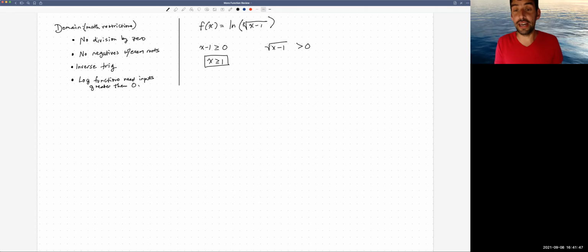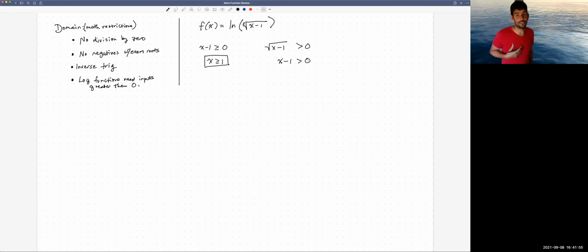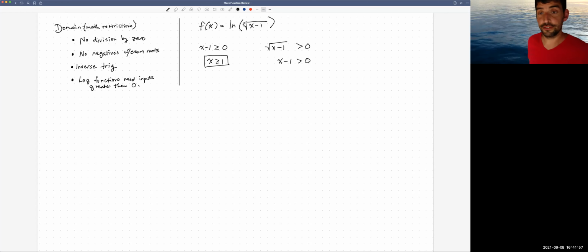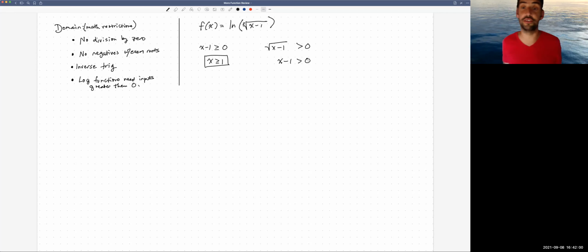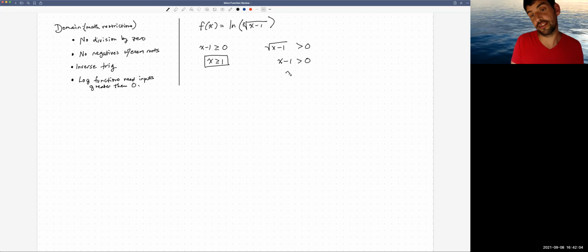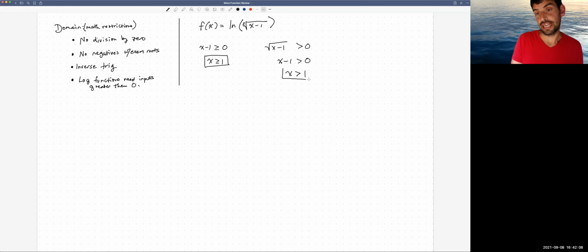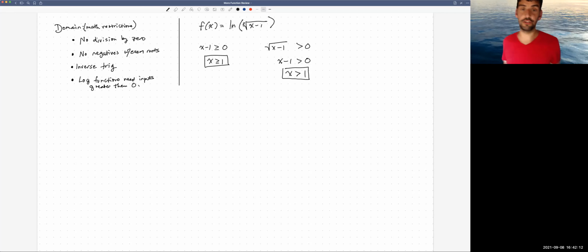So with that in mind, let's just make sure this is not 0. In other words, let's make sure x minus 1 is greater than 0. As long as x minus 1 is positive, its square root will also be positive, right? Which means x has to be greater than 1. Can't be equal to 1 because if it's 1, the square root is 0. Natural log doesn't know what to do with 0, and f breaks down.